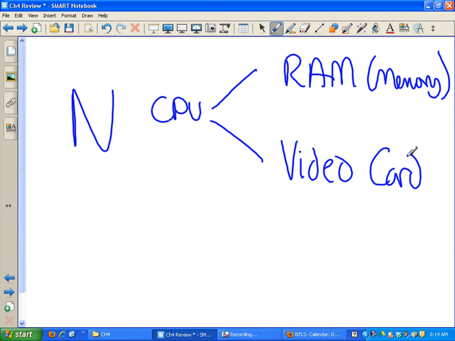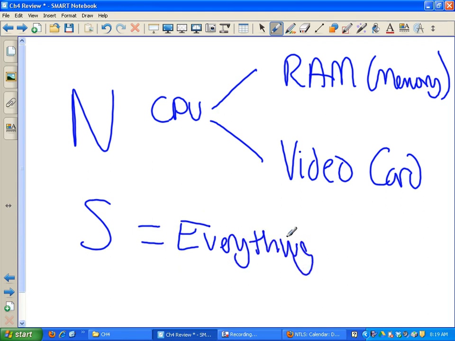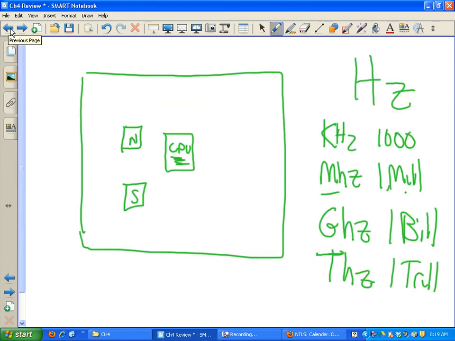And then we've got the south bridge, and what's on the south bridge? Everything else. So when I'm looking at that motherboard, I've got the CPU; the north bridge controls information that goes to the RAM and the video card. The south bridge controls everything else as it goes back to that CPU.